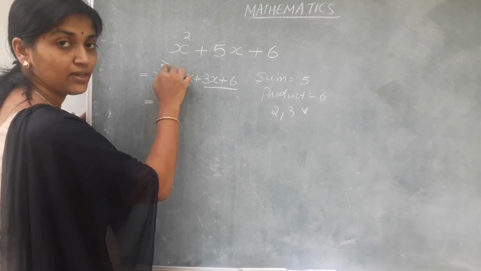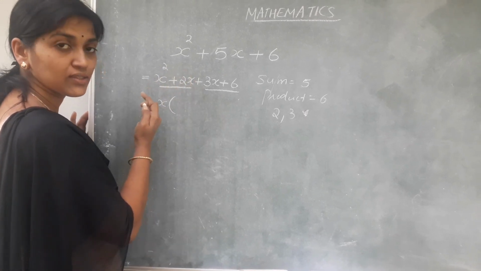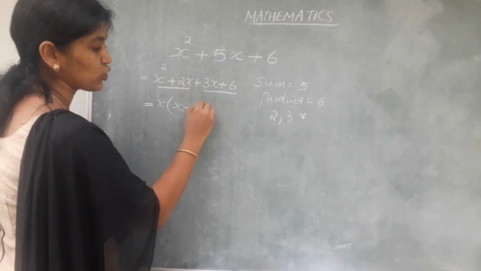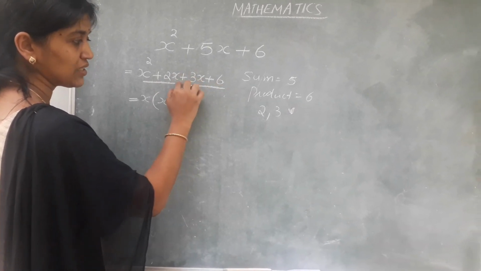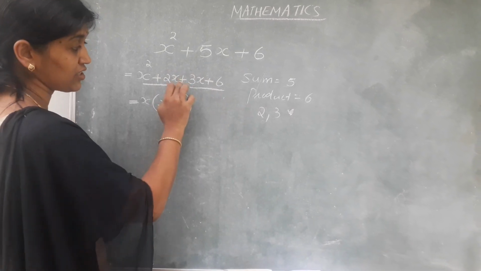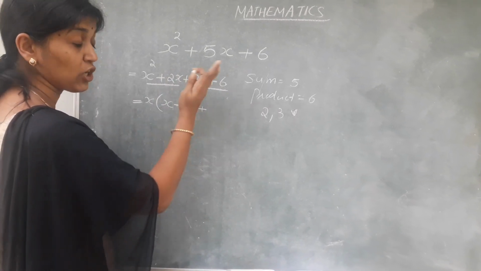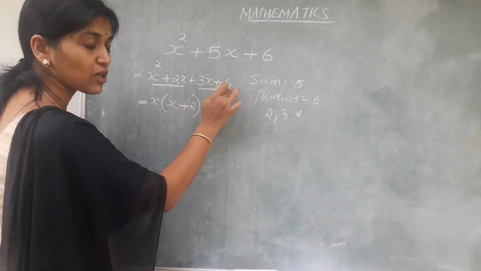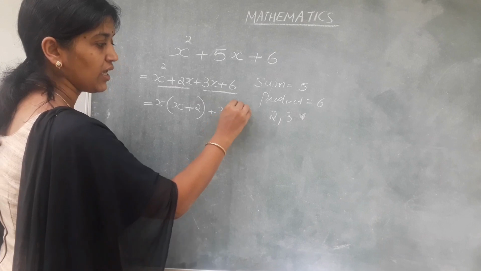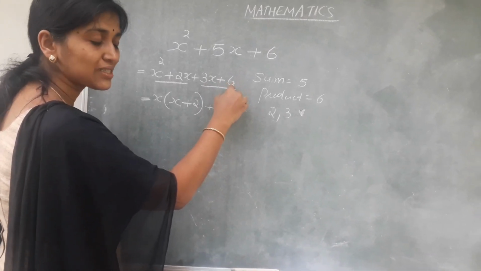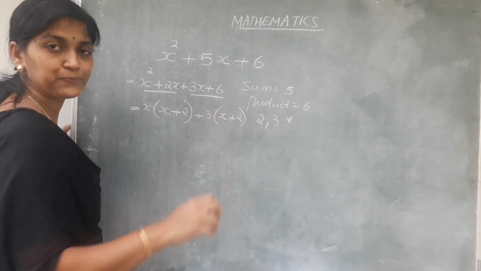What is left from x square? x is left. So x plus 2. It is positive, so put positive. We have studied how to do it when negatives come. Here it is positive, so there will be no change in the sign. Now 3 is common, so take 3 outside. What is left? x plus 2, since 3 into 2 is 6.